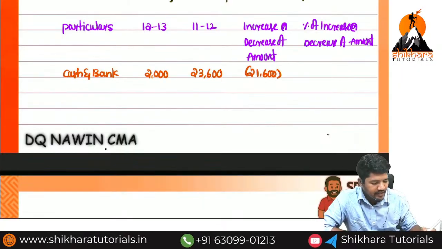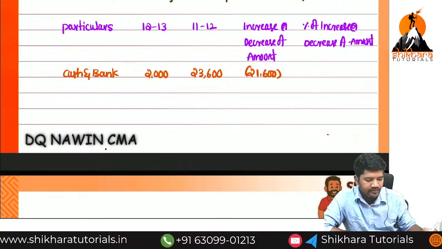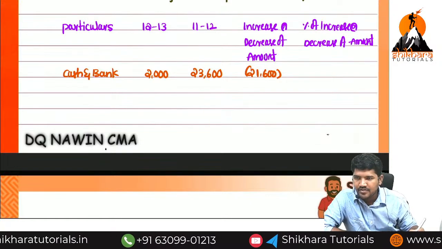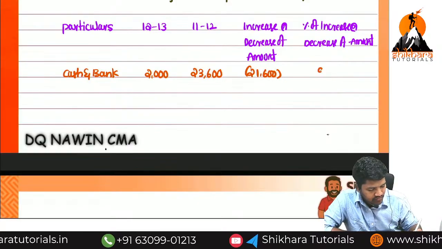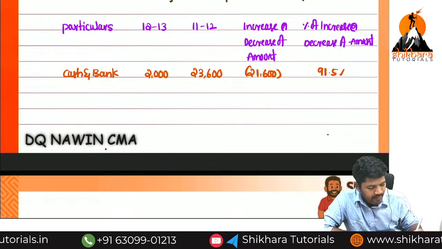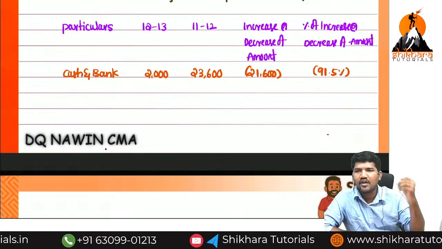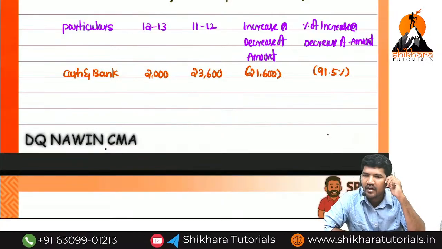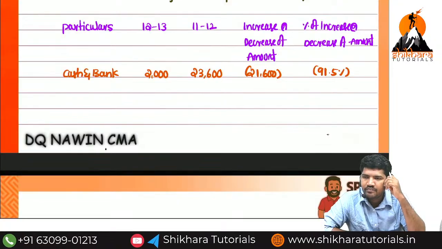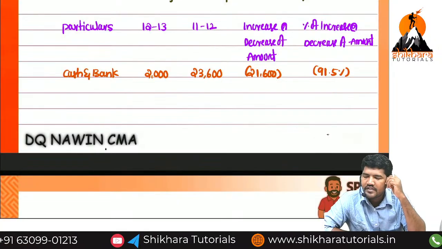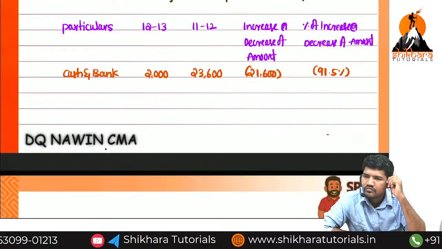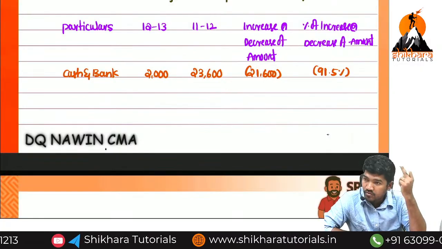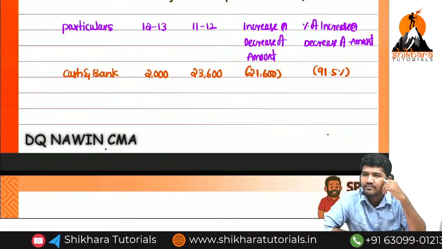Now what about the percentage increase or decrease? Negative only, decreased, 91.5%. Comparing to last year, this year cash and bank balance reduced by 91.5%. What is the reason for the reduction? Either payment to current liabilities or payment for capital assets.